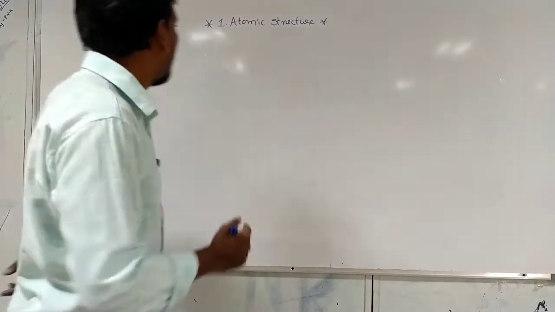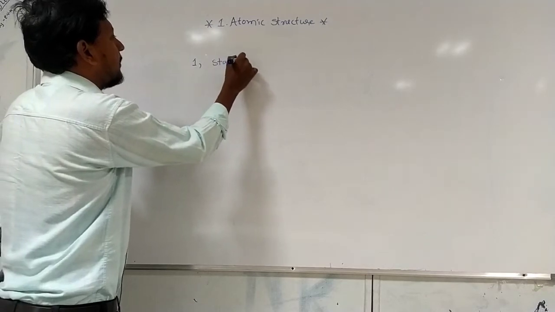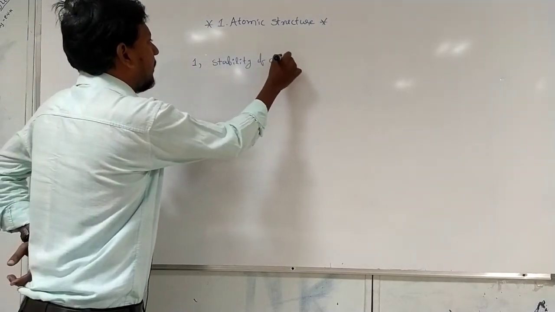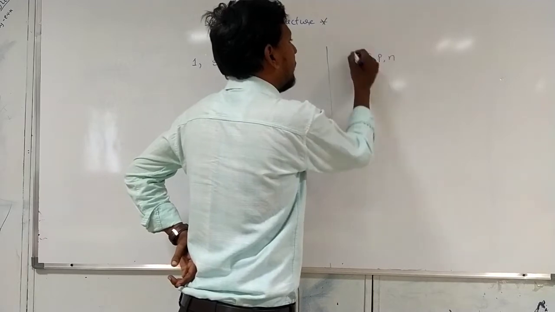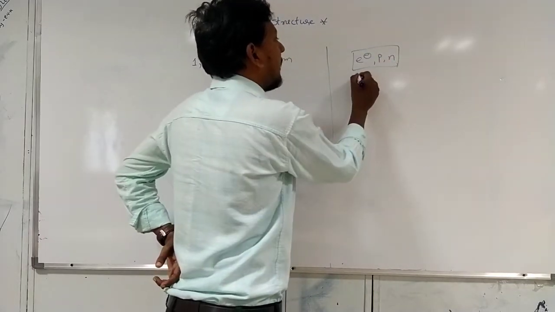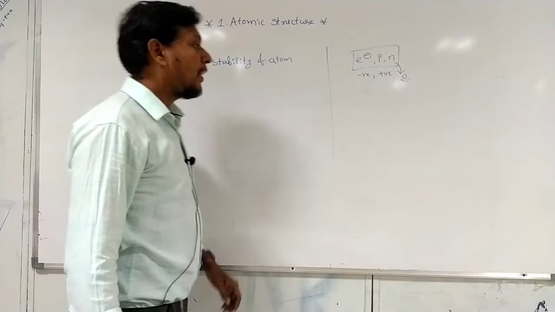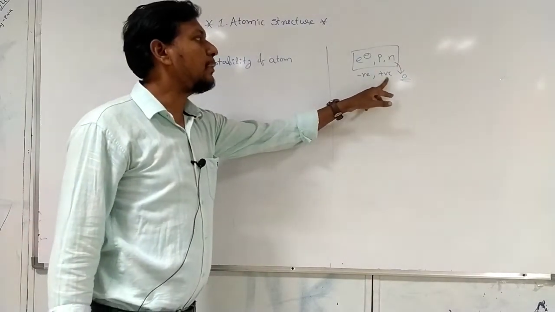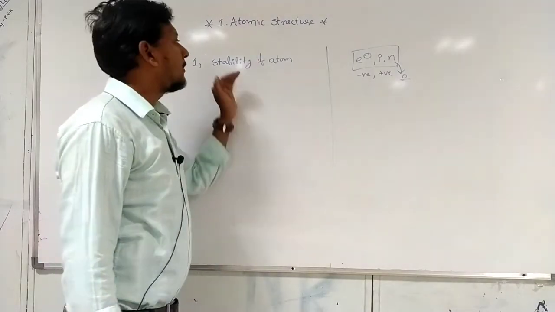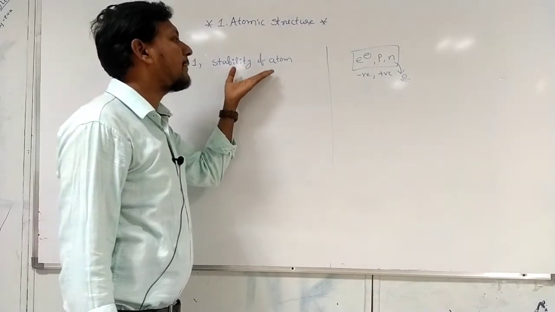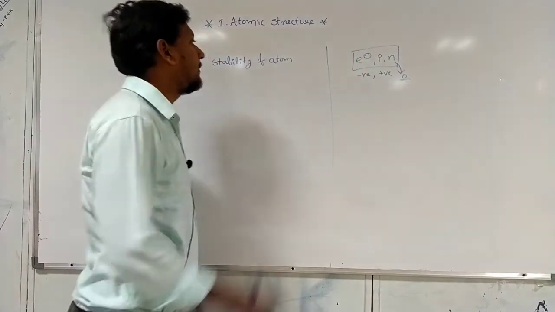The first one is the stability of the atom. Electron is negatively charged, proton is positively charged, and neutron is neutral. How are these negative and positive charges arranged in an atom to give it stability? How is the atom stabilized? This is the major issue.